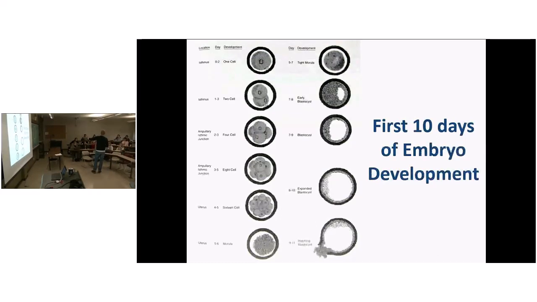Again, up to this point, there's no attachment. There's no placentation. There's no physical thing binding these extraembryonic membranes that will form through this ectoderm into the uterus.